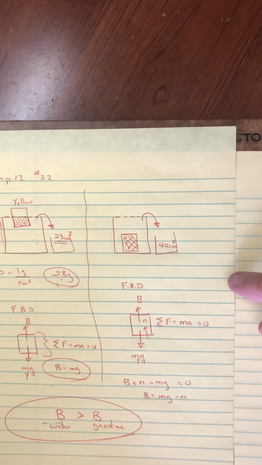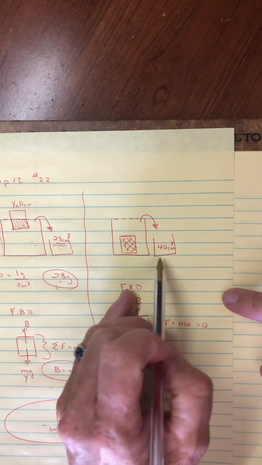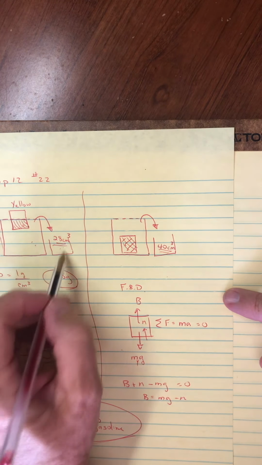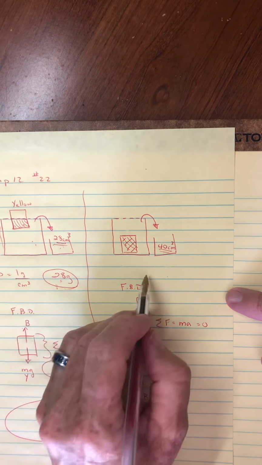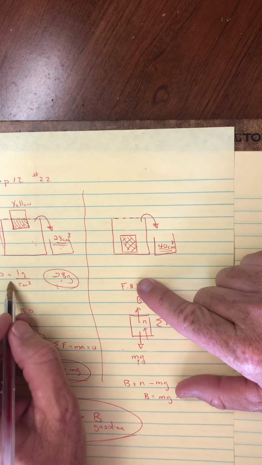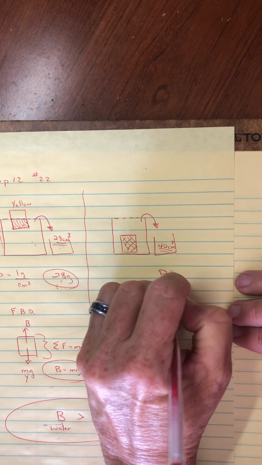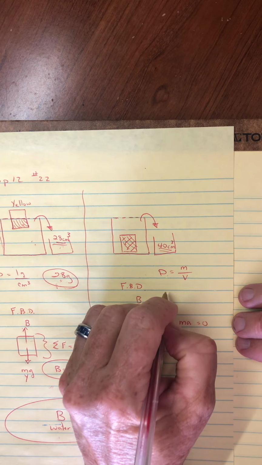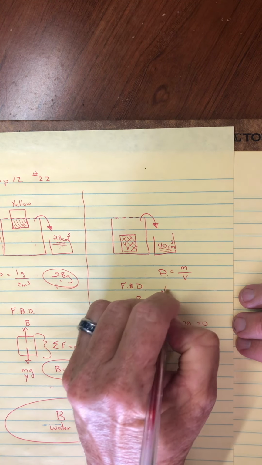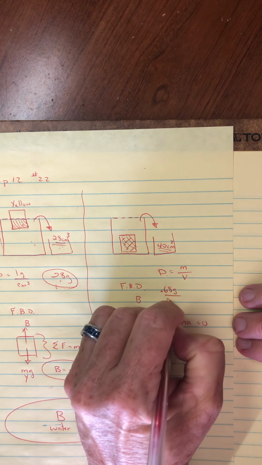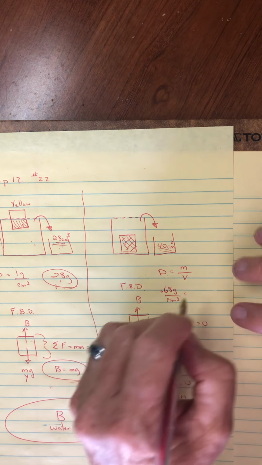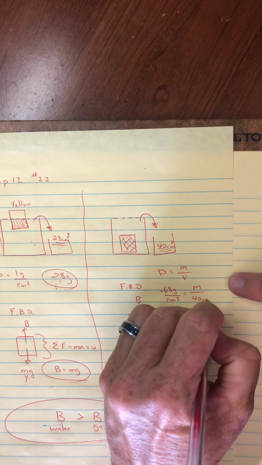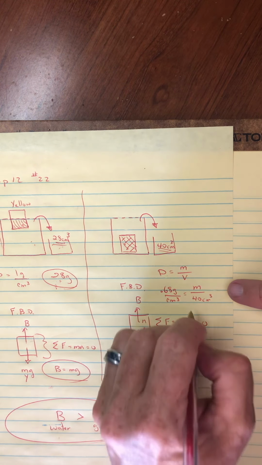Now, to do that, we'll need to know the mass. And we did not calculate the mass displaced. We only left it at the volume. This we did just because it was so easy because it was a 1. But we really have to do the same kind of calculation. So let me put here density equals mass over volume. The density was 0.68 grams per cubic centimeter. The mass is what I'd like to find, and the volume is the 40 cubic centimeters.